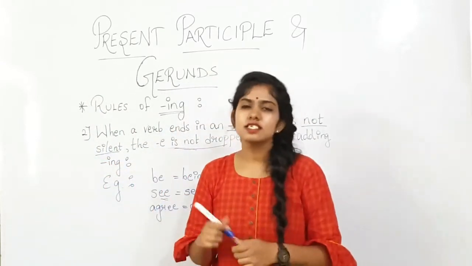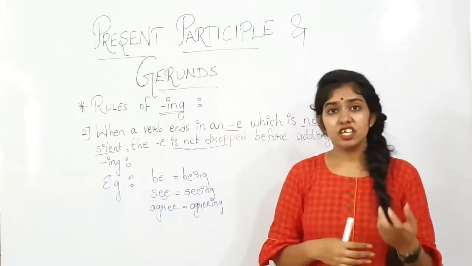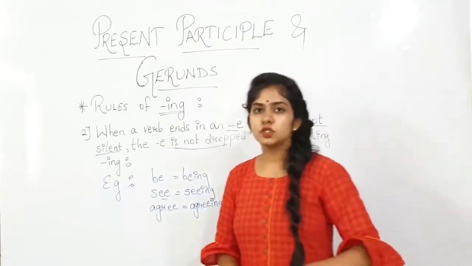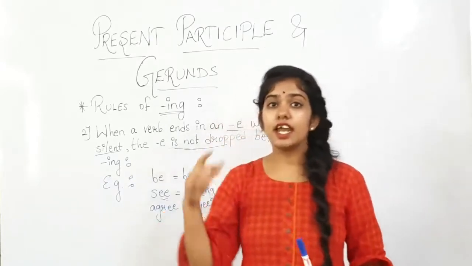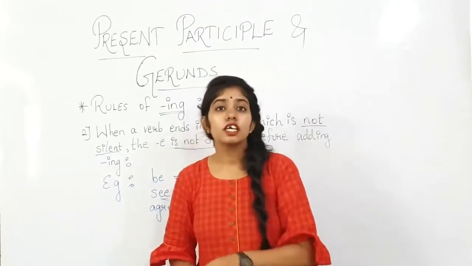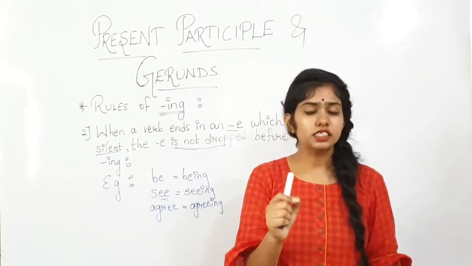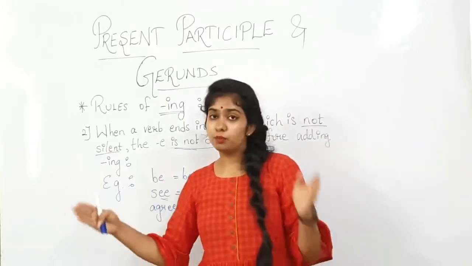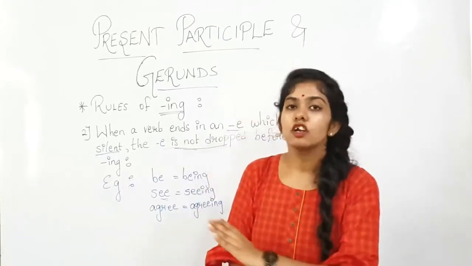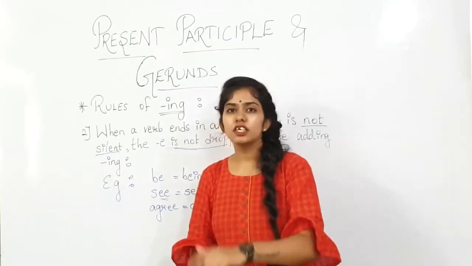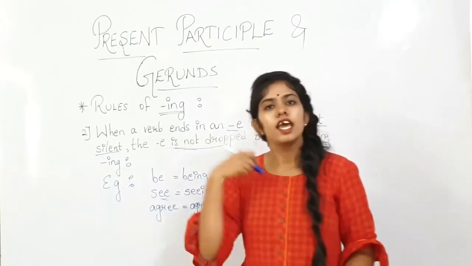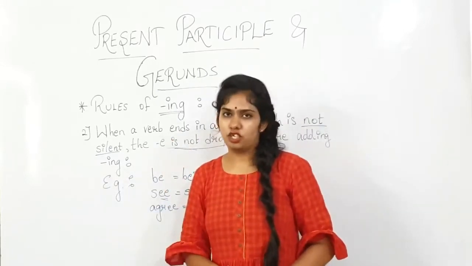So students, you can see that we have various rules of adding ing. First rule that we have understood, that when the word is ending with E, but the sound of the E is silent, we are not speaking that sound of the E, then we will drop the E, means we will cut the E and we will write ing.